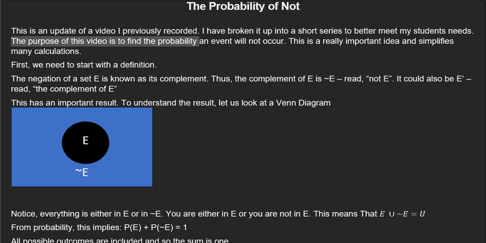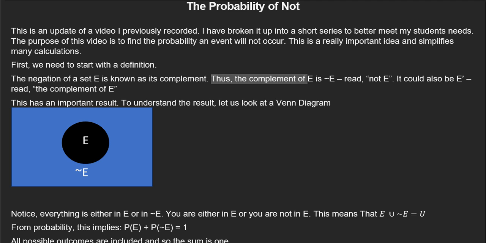The purpose of this video is to find the probability that an event will not occur. This is actually a really important idea and simplifies many calculations. First, we need to start with a definition. The negation of a set E is known as its complement.